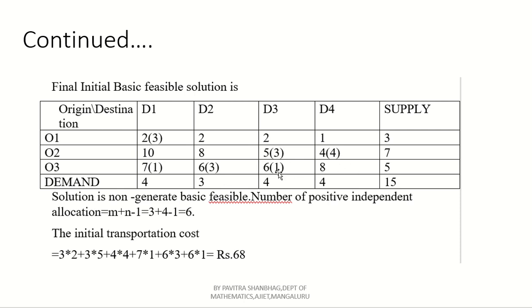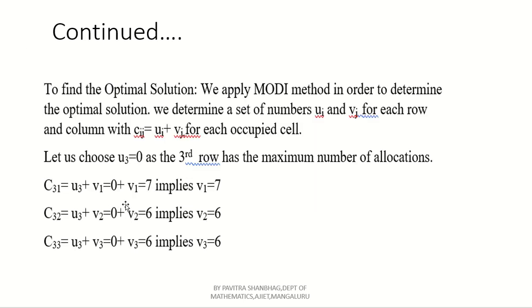But here, whatever is already assigned, that only we have to find. C31 is u3 plus v1, so u3 plus v1 equal to 7. But u3 we already set to 0, so 0 plus v1 equal to 7, which implies v1 equal to 7.